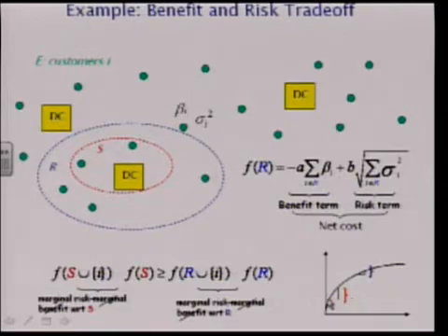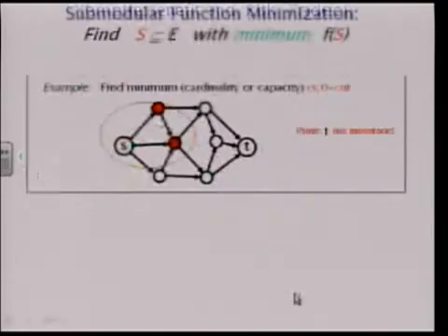So what I'm trying to say is, in real life we don't know whether this benefit-risk trade-off function is actually a submodular function or not. But for mathematical convenience, a lot of people make such an assumption to reflect the diminishing marginal effect of adding a new element to the existing set. The marginal gain will be diminishing.